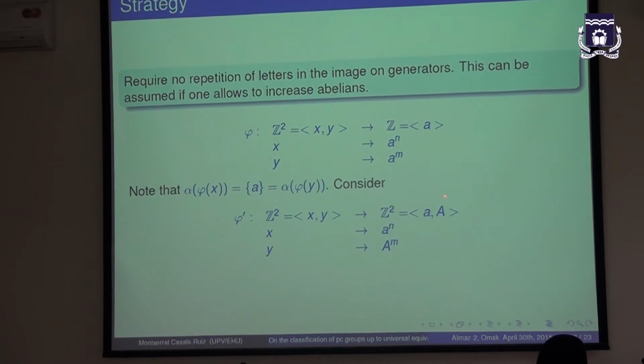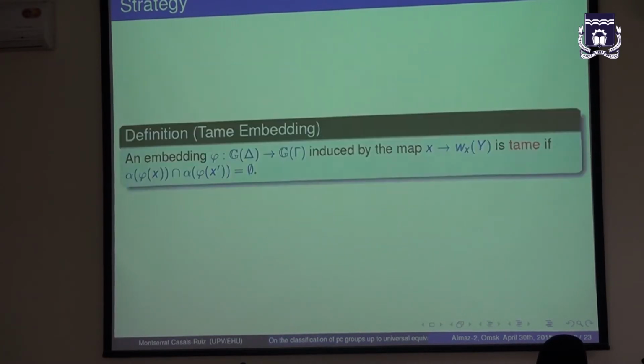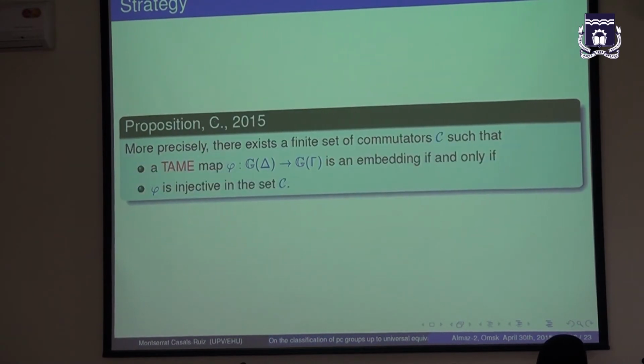So the operation of making an abelian bigger allows me to assume that the images of the generators have disjoint supports. Let's call this type of map tame. So a map is tame if the images of generators have disjoint supports. And now I'm fine. Now this proposition, I'm not lying.